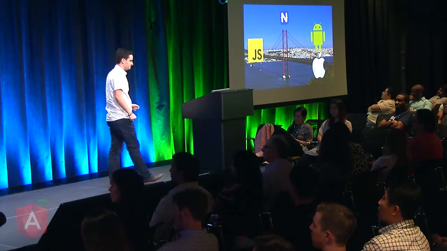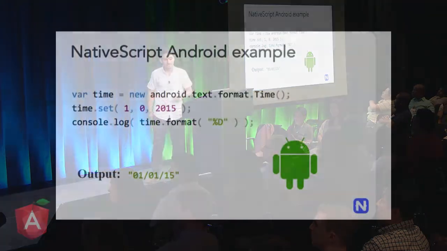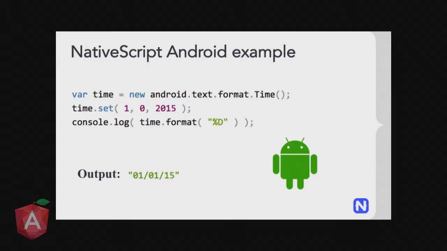A quick example that we can take a look at here is this little snippet of code, where we're creating an instance of a time object. This is completely JavaScript, but I can create a new android.text.format.Time object, and I can set methods on it. These are the methods that come straight from the source.